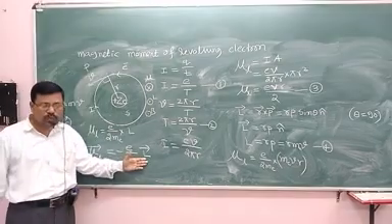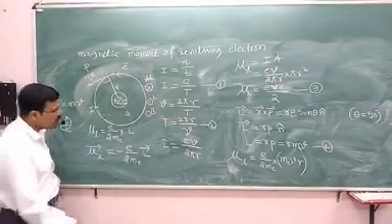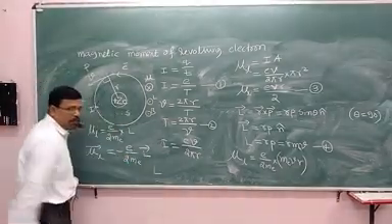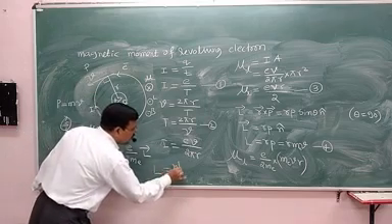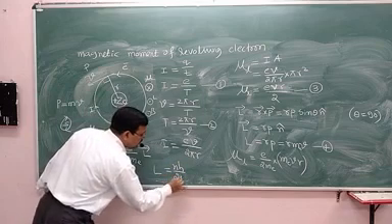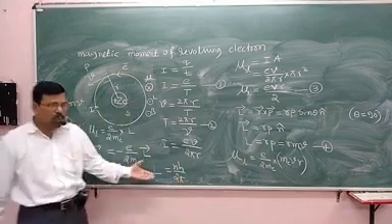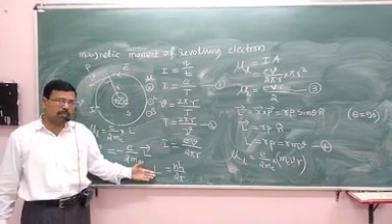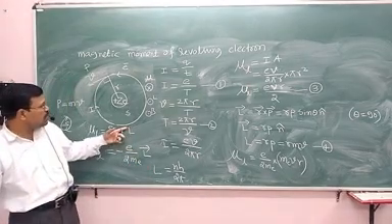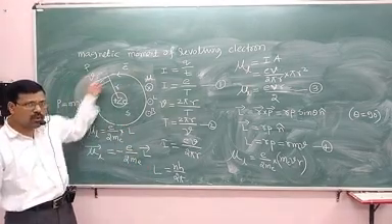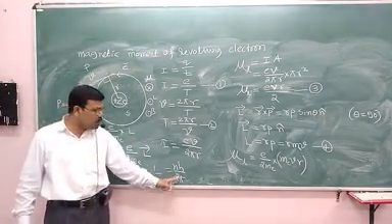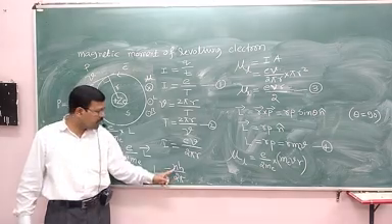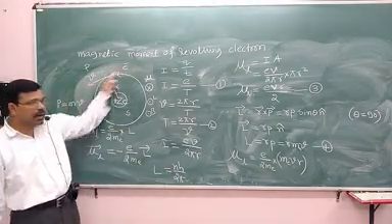Then how to find out the value of n? As all of us know, the orbital angular momentum is equal to nh by 2 pi. This is one of the postulates of Bohr. The orbital angular momentum of this revolving electron is equal to an integral multiple of h by 2 pi. n is the number of the orbit.